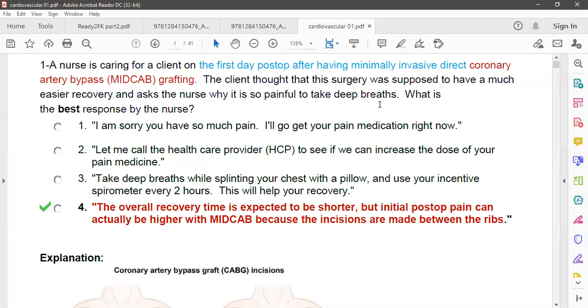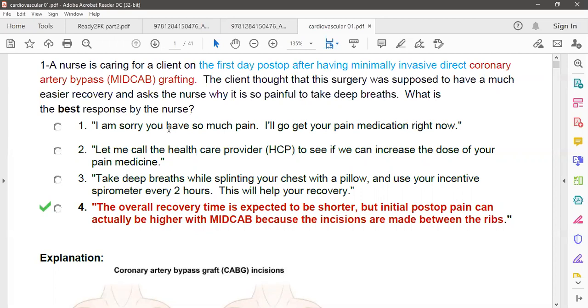When I'm taking a deep breath, definitely the abdominal or chest muscles will participate in inspiration. I can feel the pain. If this question is asked by the client, what would be the best response?